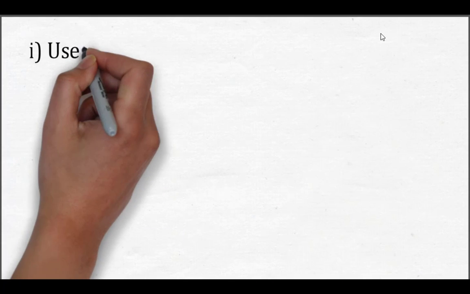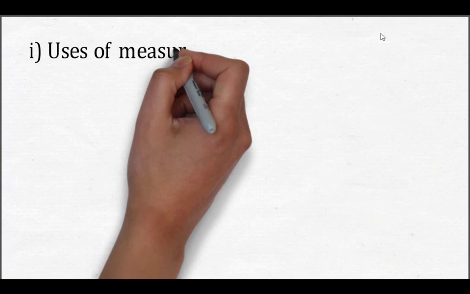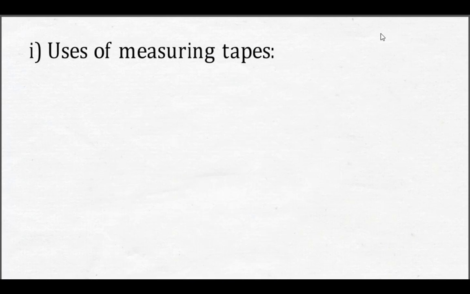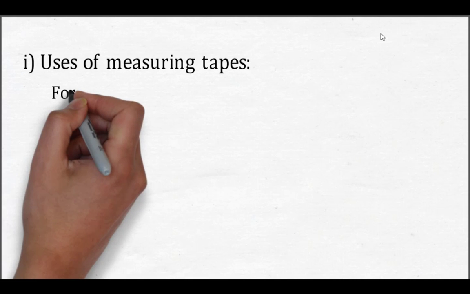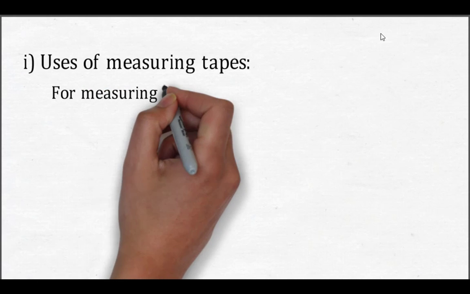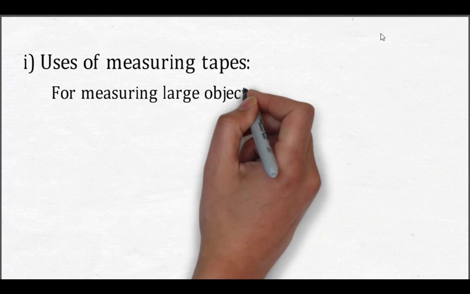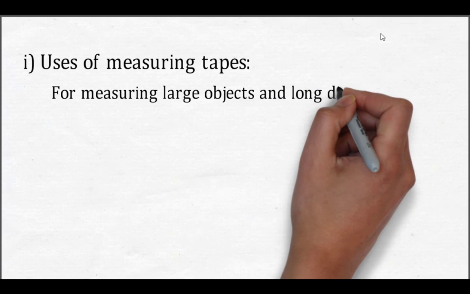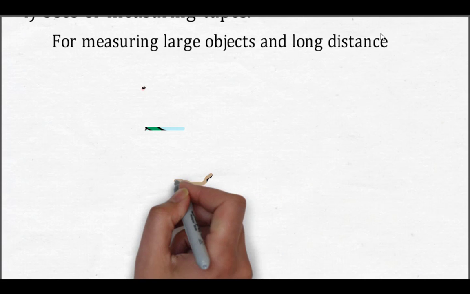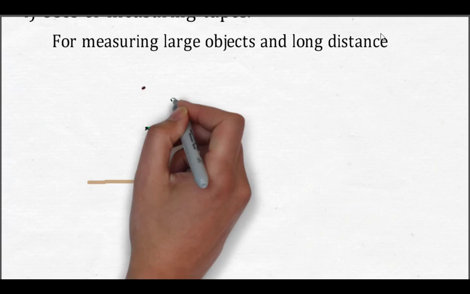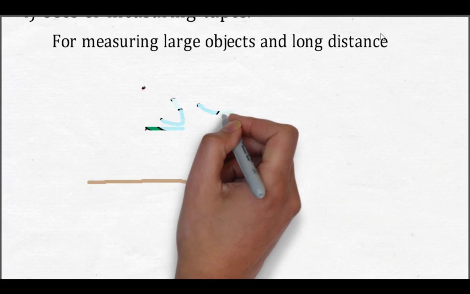Uses of measuring tape. It has various kinds of uses, is it not? For measuring large objects and long distances, we use measuring tape. There are different kinds of measuring tapes. For example, a carpenter. Do you know a carpenter?